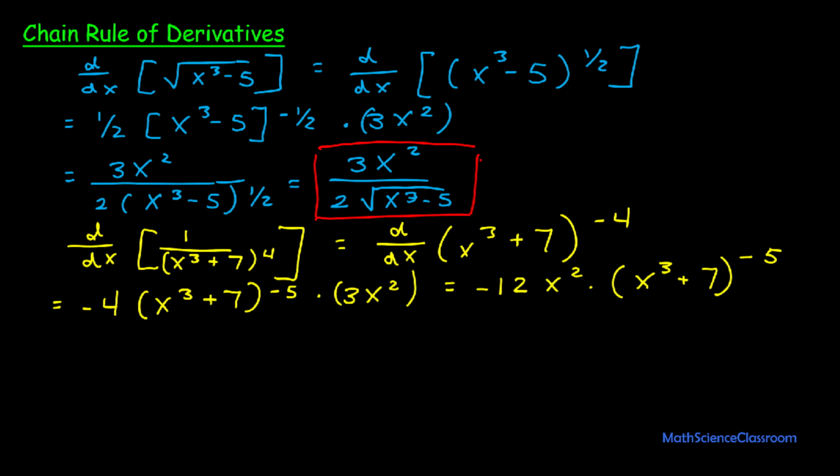And now in the final form, equals 12x squared over x cubed plus 7 to the 5th power. And there we have our final answer.